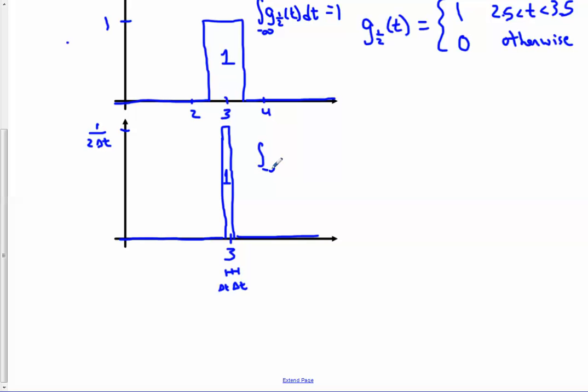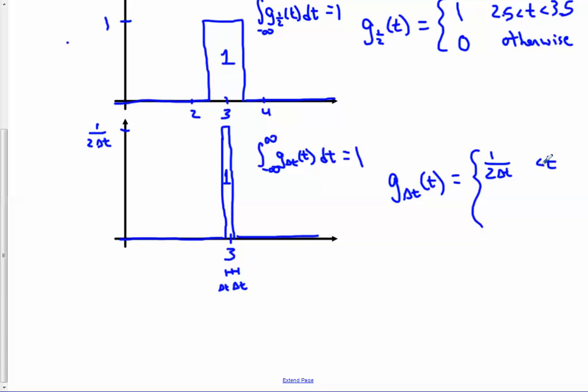Again, the integral of this function, which I'm going to call g delta t, is still 1. To be specific, g delta t of t is 1 over 2 delta t on the interval of t from 3 minus delta t to 3 plus delta t, and 0 otherwise.